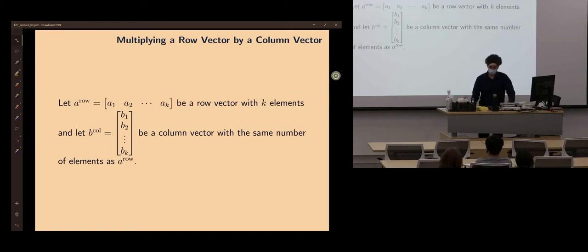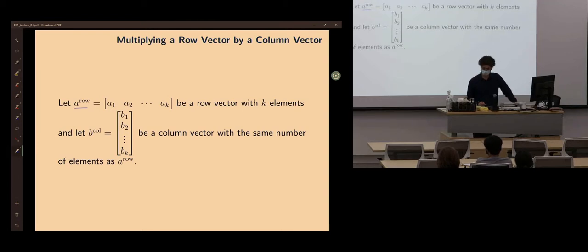Suppose we have a row vector A. I'm writing a bar on top of A just to make it easier. You don't have to write it. You can just say A. So A row, for now we use visual aids to know that we are talking about a row vector. It's just a vector that all its entries are arranged in a row next to each other.